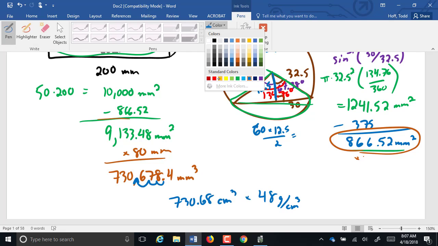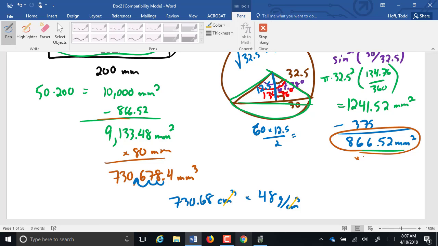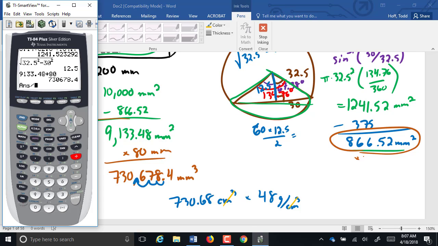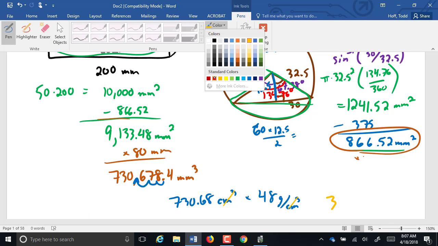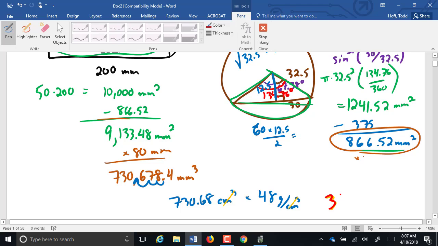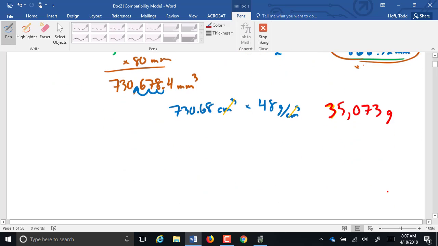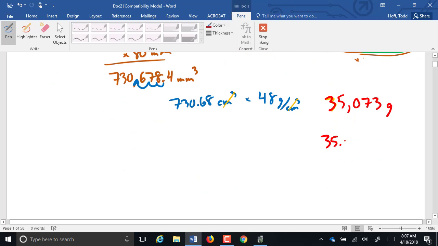Cubic centimeters cancel out. That's what I get, 35,072.56. 35,073 grams, which is 35.07 kilograms.